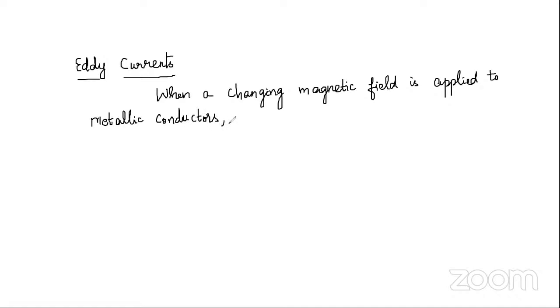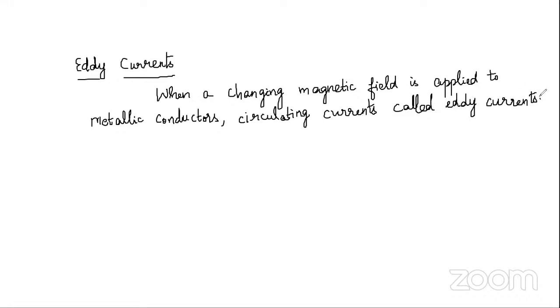They are actually circulating currents, so that's why they are called eddy currents. These eddy currents lead to production of heat inside the conductor, and they are otherwise called Foucault currents as well.